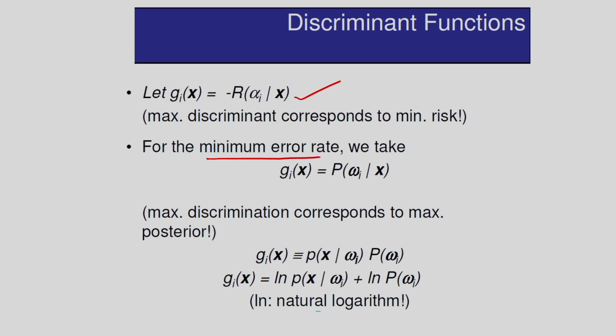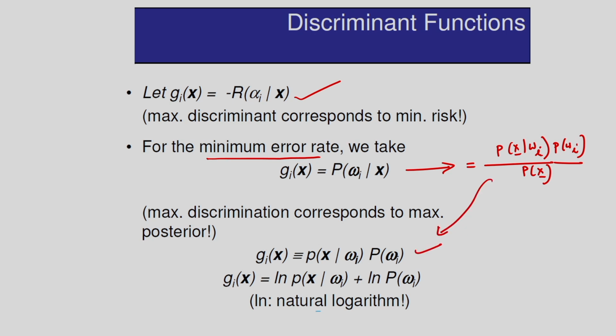And what is the posterior probability? If you see, this is nothing but it is equal to probability of x given wi, times probability of wi, divided by probability of x, and that I can write like this.